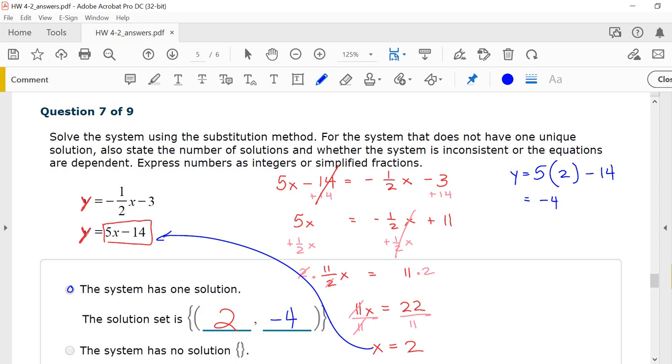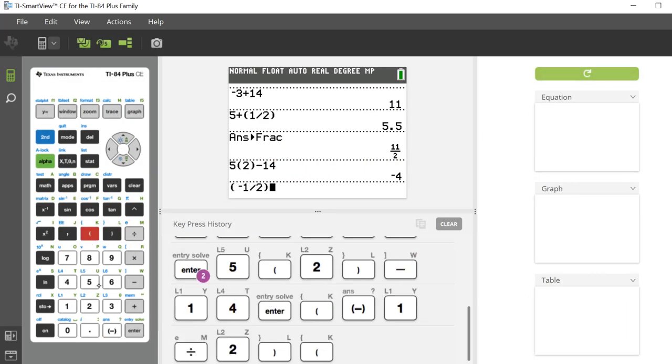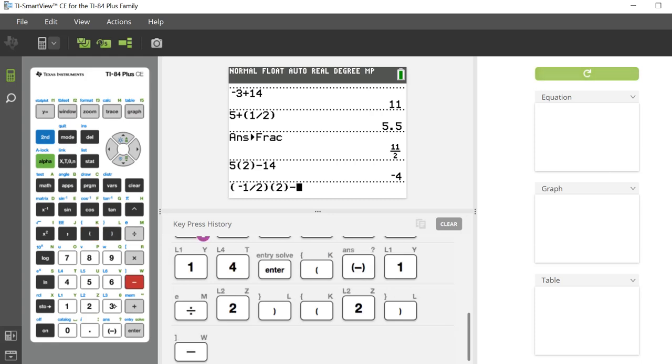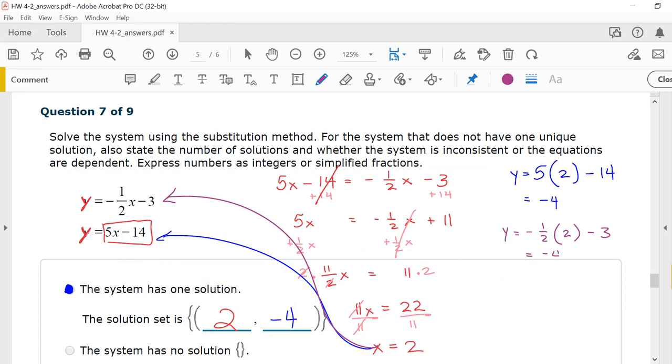I have one solution, and it is the point 2 comma negative 4. I'm going to show you with this one that if you plug this into the first equation, y equals negative 1/2 times 2 minus 3. Negative 1/2 times 2 minus 3 is also negative 4. That's why I tell you you can plug it into either equation.